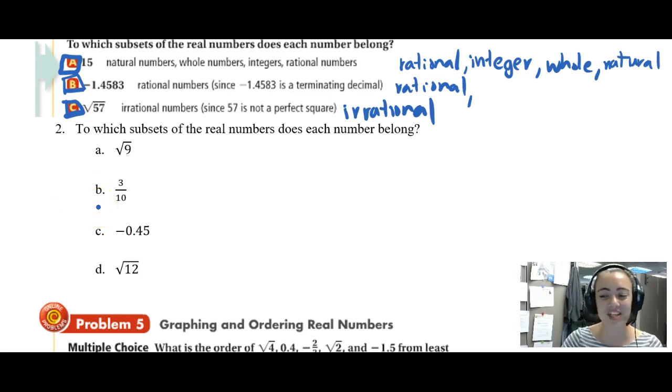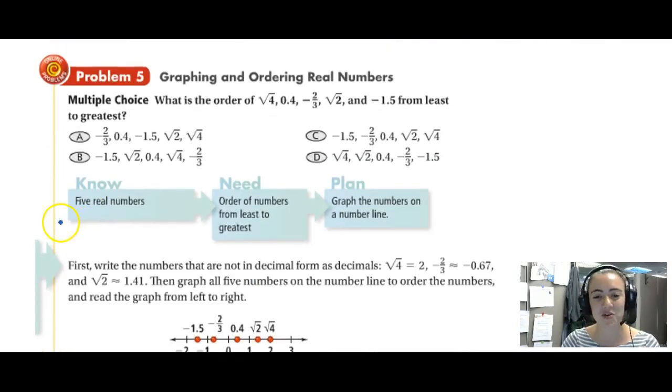So now that you paused the video and you're back with us, let's go on to the next question here. We're going to graph and order real numbers. This is a multiple choice question that we're going to go through. What is the order of the square root of 4, 0.4 or 4/10, negative 2/3, square root of 2, and negative 1.5 from least to greatest?